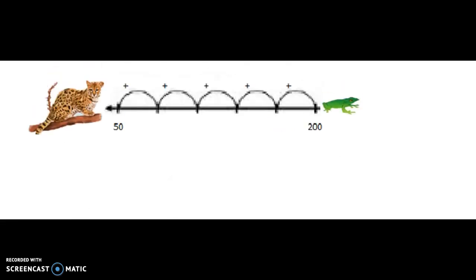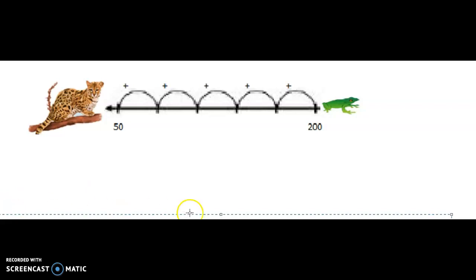Now we're going to move to this scenario, and we are going to see the Tigrillo again. He is at 50 and he needs to jump 5 times until 200, where the frog is. How to do this? We have a problem here. Because we need 5 jumps, I'm going to divide the number into 5 groups.